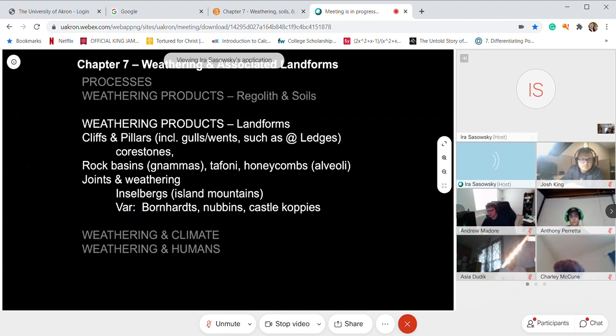And now let's use that as a shift into our weathering products, or landforms that come from these weathering processes, in the few minutes that we have left.